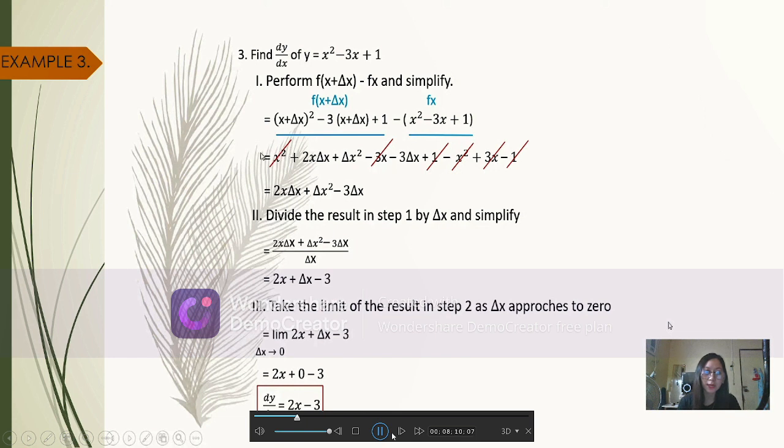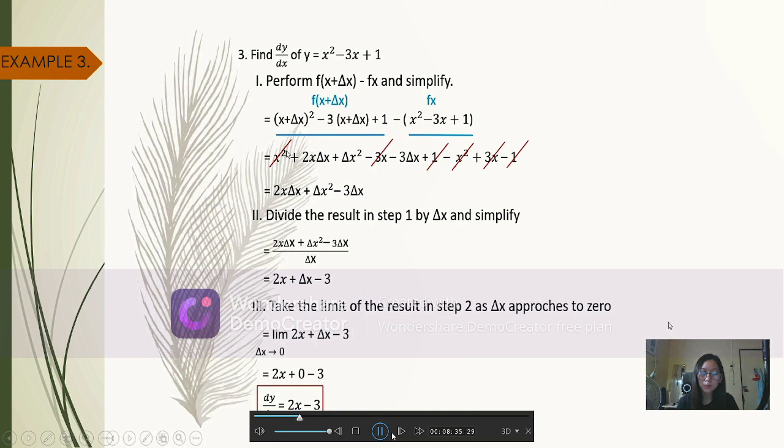Rewrite lang natin dito yung x squared then plus. So, ito, distribute natin siya. Magiging 2x delta x plus delta x squared minus 3x minus 3 delta x plus 1 negative x squared plus 3x negative 1.